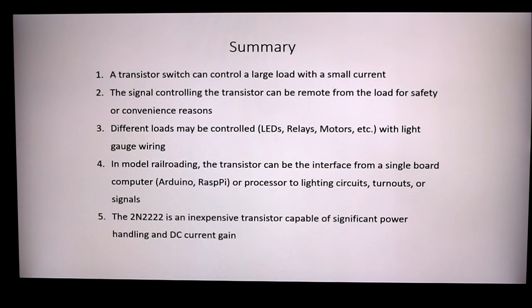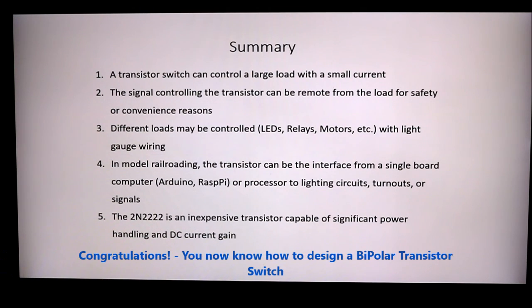In model railroading, you can use it as an interface from a single board processor to lighting circuits, switching turnouts or signals. And the 2222 is a very inexpensive transistor capable of significant power handling and DC current gain.